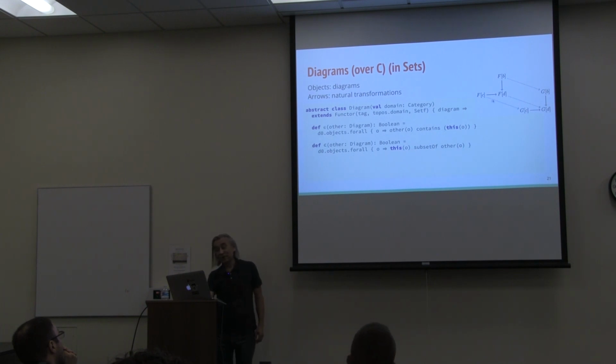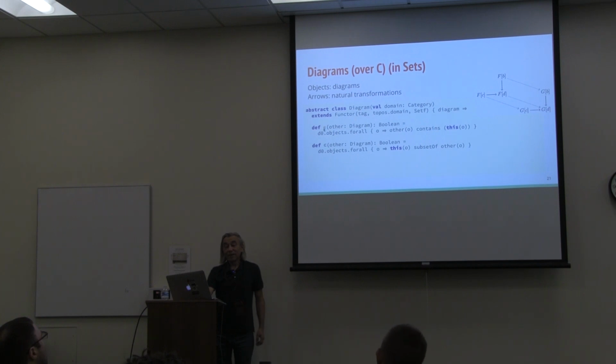So in this case, if it's an inclusion and f is a subset of g, fc is a subset of gc, fd is a subset of gd, fb is a subset of gb, then the whole thing is a subdiagram of this diagram. Also, again, we are talking about totally untyped sets, so anything could be an element of anything else. So a diagram is actually an element, a point in another diagram.